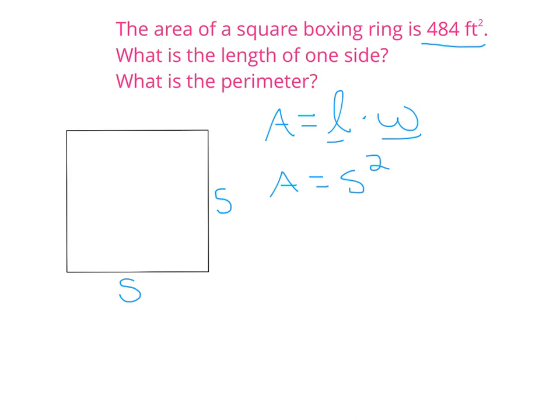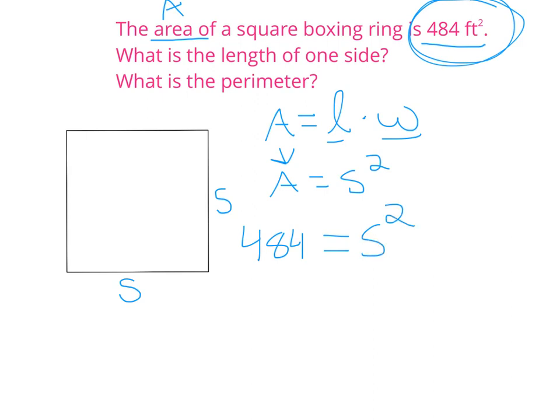Let's go back up to the story problem. They gave me this number, and that number was the area. So I'm going to take that number and I'm going to plug it in for A. So 484 equals the side length squared. So if I know the area, I can solve for the side length, solving equations using roots, inverse operations.